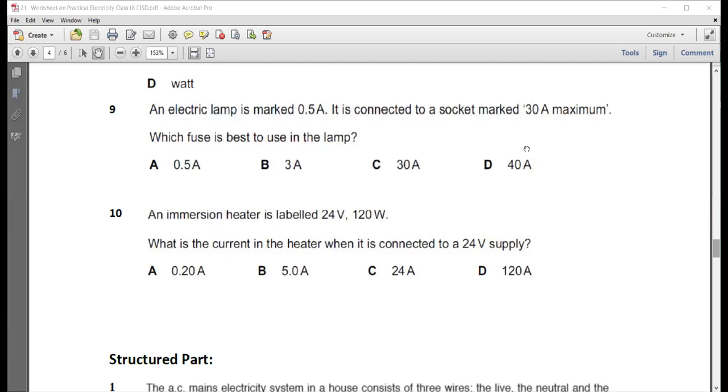Is it fine? Okay, from the last 3 topics, current electricity, DC circuits, and practical electricity, there will be more questions.